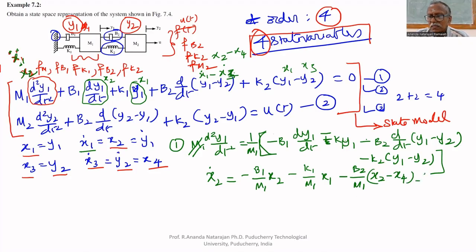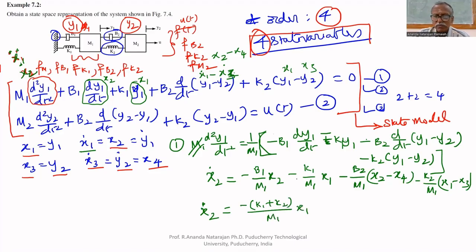Then minus k2 by m1, x1 minus x3, y2 is x3. That's all. So we converted the first equation into a first order differential equation. x2 dot equals, group all x1 together, minus (k1 plus k2) upon m1 multiplied by x1.